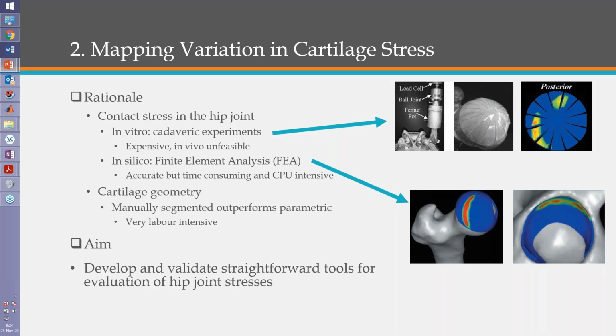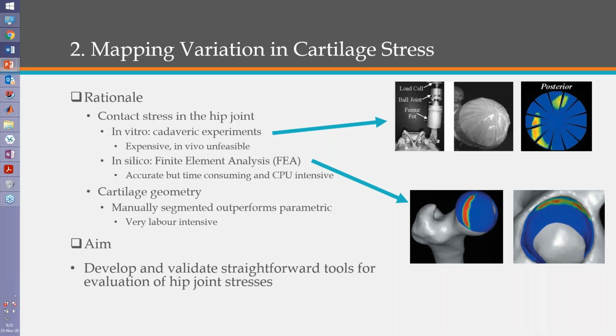The gold standard to get your contact stresses in the hip joint is currently the finite element analysis technique, which is very decent and accurate, but of course it's CPU intensive and also time consuming to build these models. Cartilage geometry is also a difficult item.